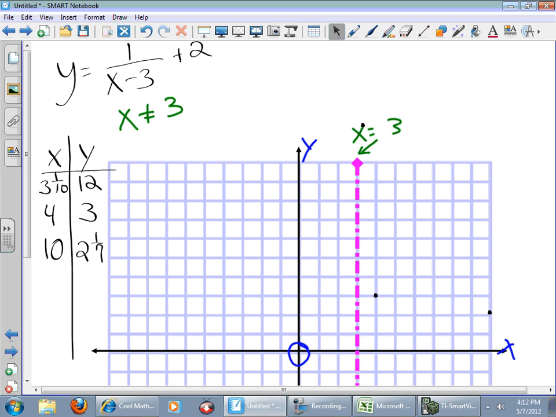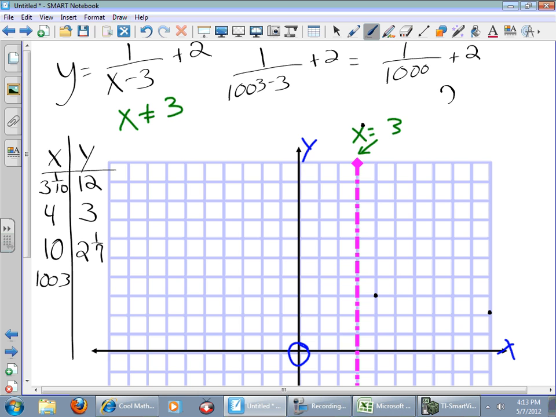Are you guessing you know the horizontal asymptote? I think you do. Tell you what, let's put in a ridiculous number, a really large number, like say 1003. Well, I'm going to get 1 over 1003 minus 3 plus 2. That's going to be the same as 1 over 1000 plus 2, which is 2 and 1/1000th, which is 2.001.